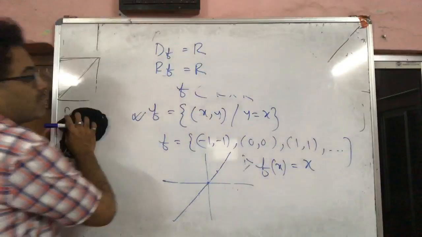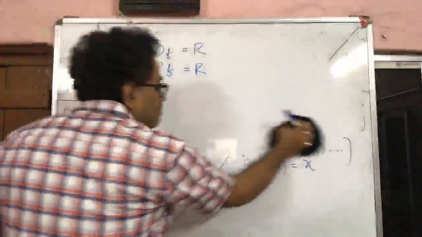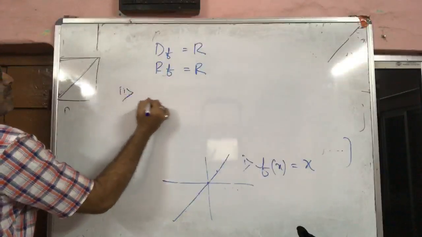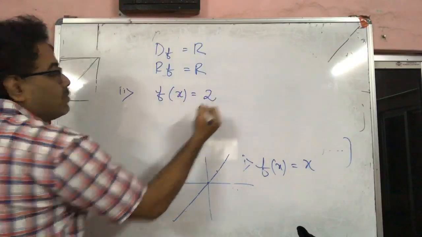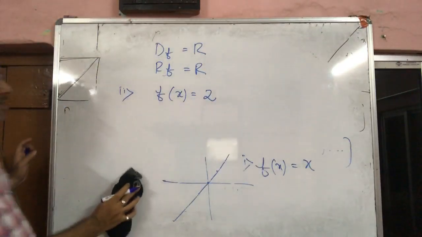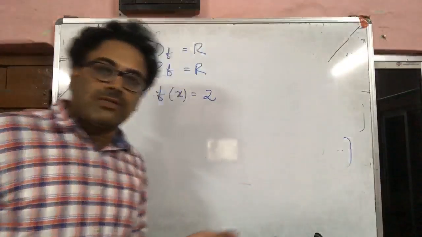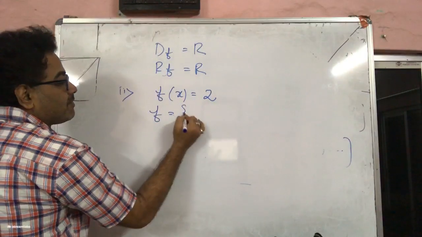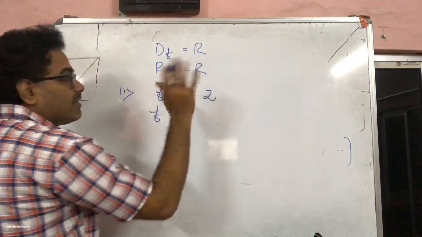Now the next function. Number 2. f(x) equal to 2. Okay. f(x) equal to 2. This is called constant function. I am writing few pairs. All are defined in real numbers.